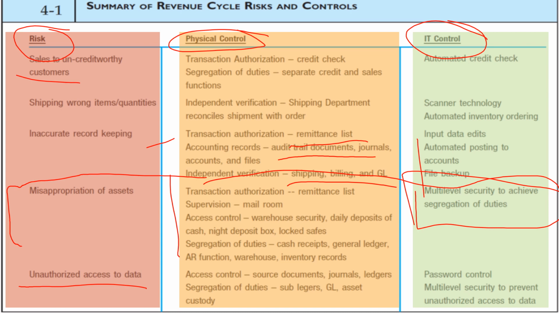And then the sales department also needs to get the approval of credit check through the system, or through what we call the other department.